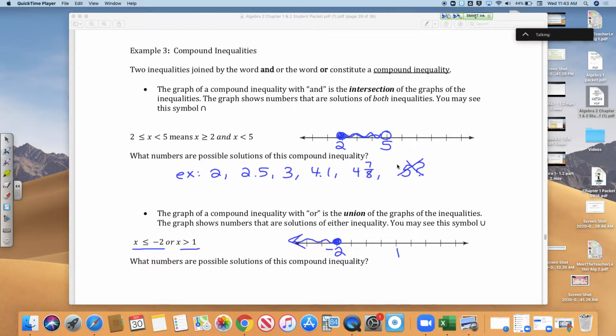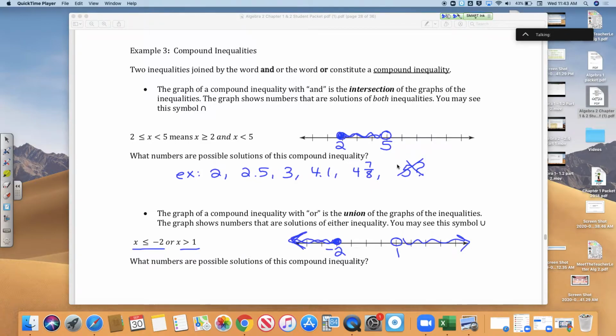Anything greater than 1 would be an open circle at 1, and the answers would be anything to the right. Notice these solutions are going the opposite way. So these solutions are pointing towards positive and negative infinity. So even though there are infinite solutions in the first example, the second example has a lot more going on because these solutions are going both ways.